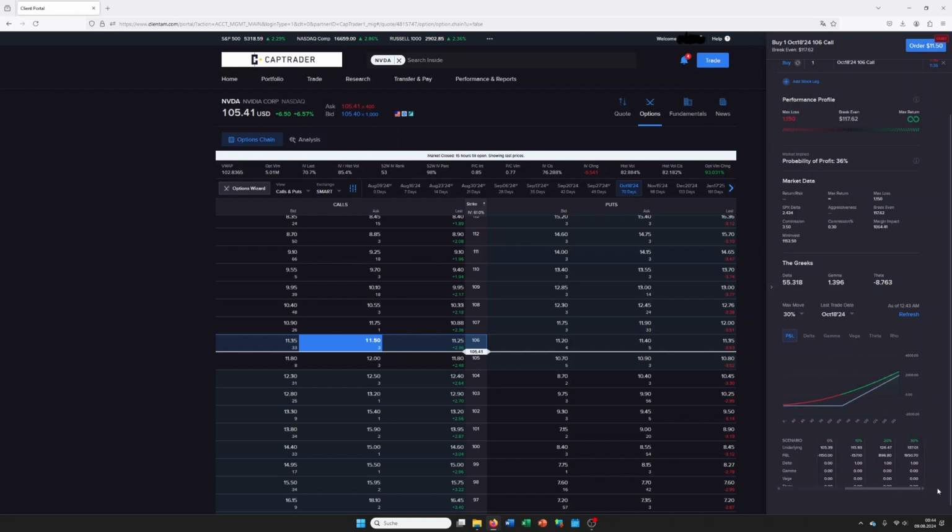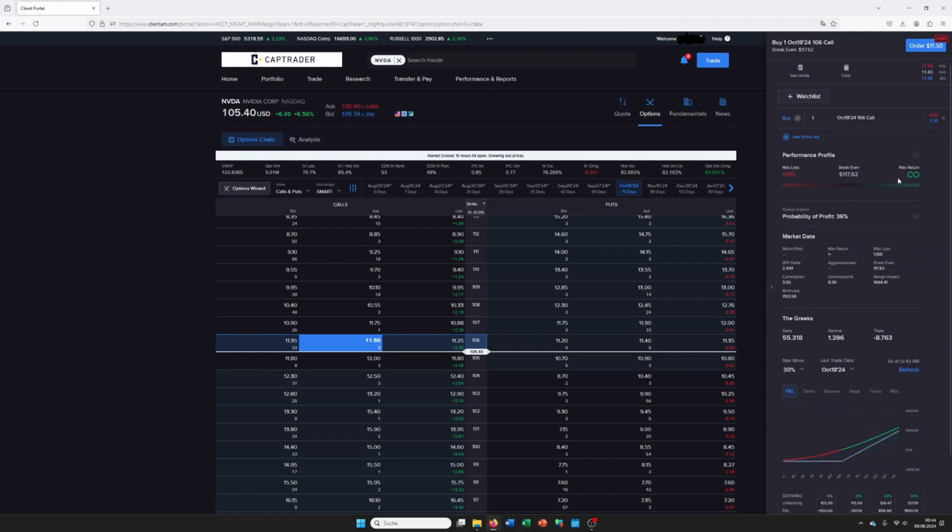So for example, if the stock rises 30%, you can read the P&L of this option. Yeah, and the only thing left to do is to order. The market is closed at the moment, so I will do it right now.